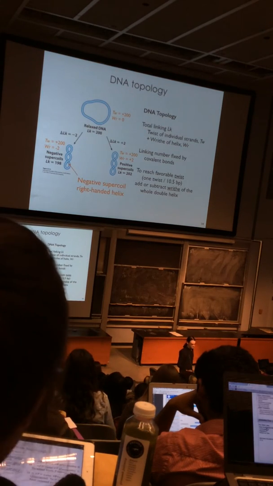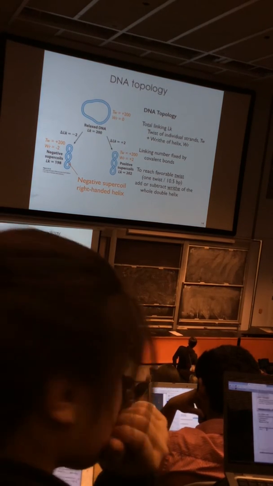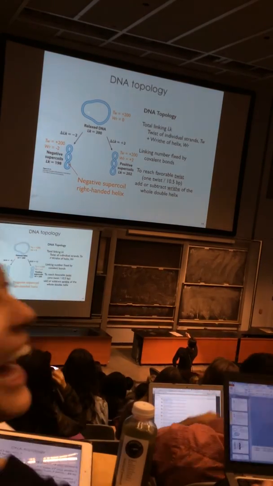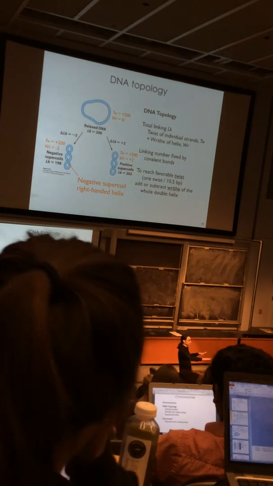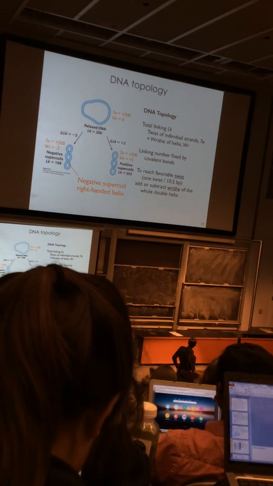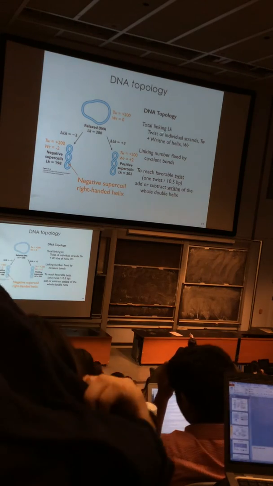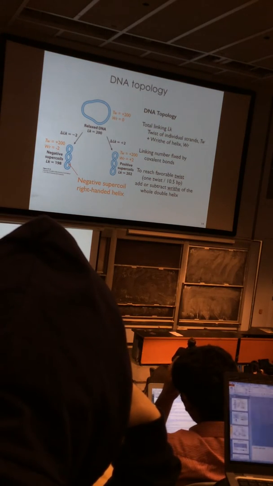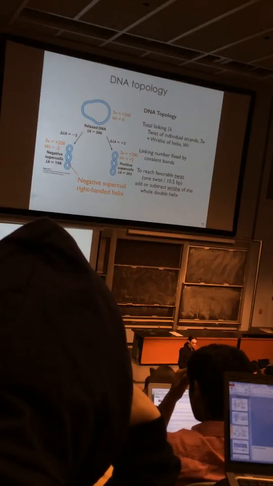And in another example, we have this relaxed DNA, just a single circle laid out in the plane with a twist of +200. The total linking number of a piece of DNA is given by the amount of twist of those two strands plus the writhe of the helix around itself.